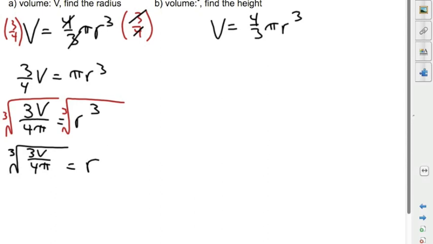So given the volume, what is it we're going to find? Radius. So we'll rearrange our equation to over here. So r is equal to the cube root of 3V over 4 pi.